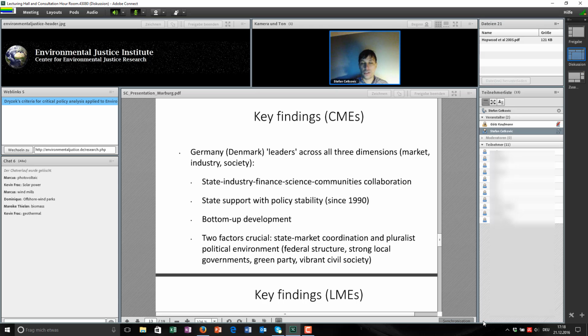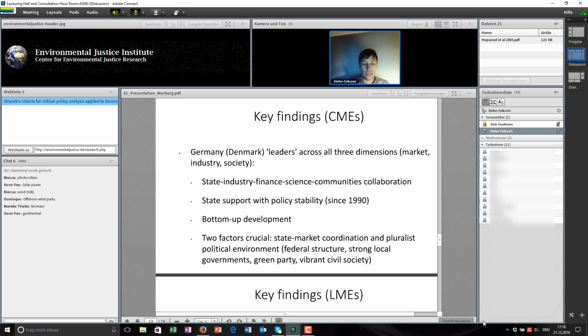What we found out is that we were able to confirm our hypothesis, which was that coordinated market economies are better equipped to develop renewable energy sources than liberal market economies, and particularly than dependent market economies, because of the better capacity of the state, or the tradition of the state's role in promoting new sectors, but also the existence of mechanisms to collaborate and coordinate actions between the state and the non-state actors.